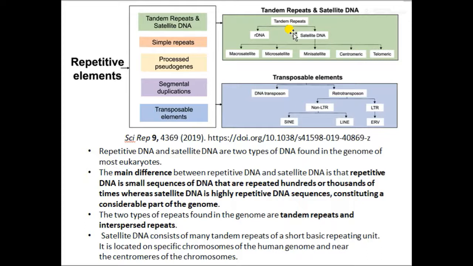And if the repeats are found towards the ends of a chromosome, they are referred to as terminal repeats. So, when you consider the tandem repeats or the repetitive DNA in general, these repetitive elements can be mainly divided into two: repetitive DNA and satellite DNA. These have some major differences.